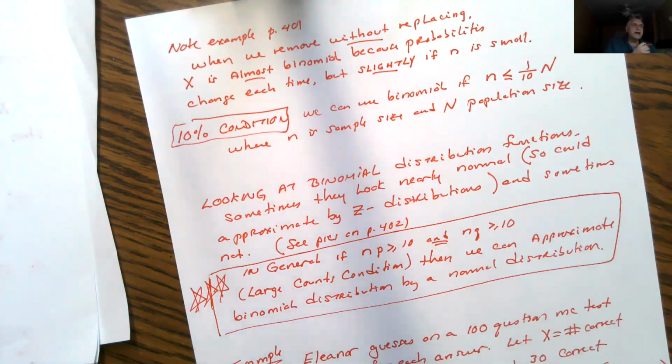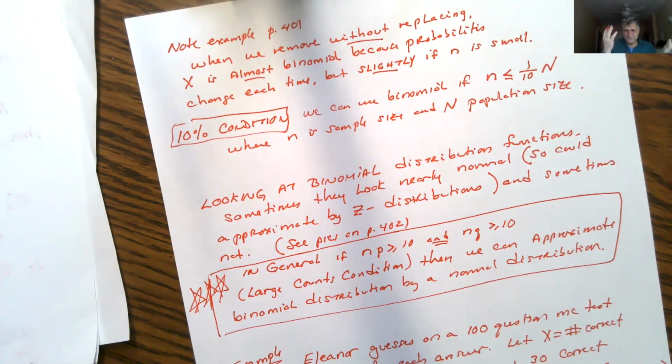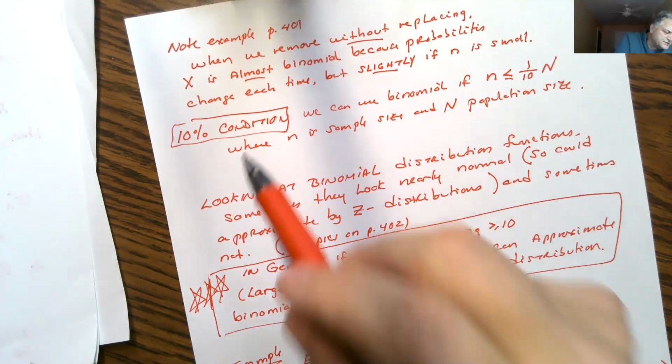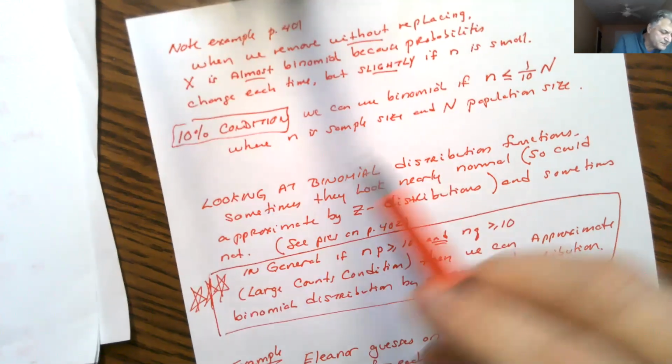So in order for this to happen, we want to make sure our sample size is not too big, right? If we take a sample of 100 people from 50 million, that's fine. The probability doesn't change much each time. However, if we took a sample of 100 people from 1,000, that's a different story, or 100 people from 200 for sure. So this is called the 10% condition.